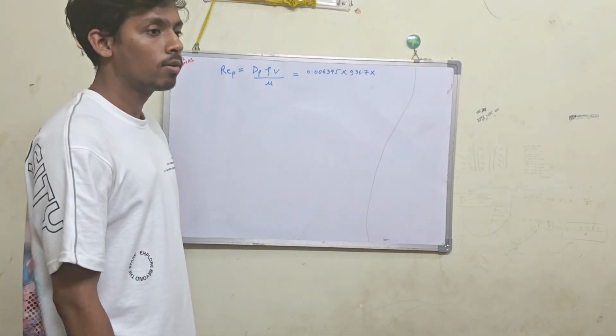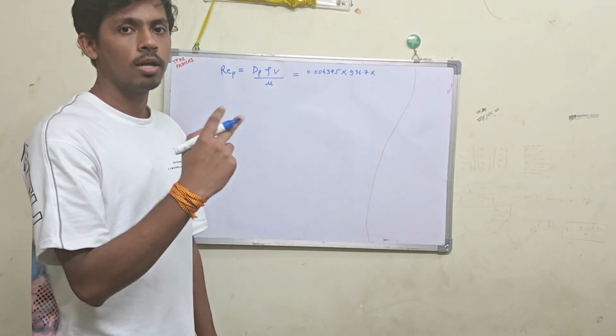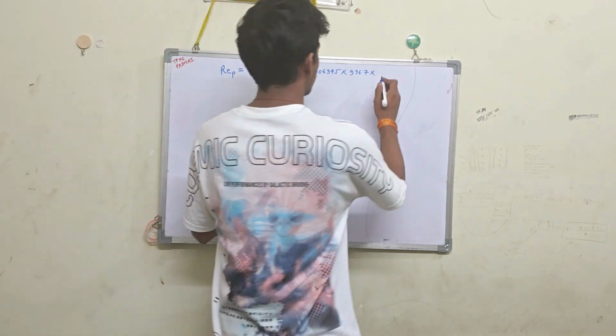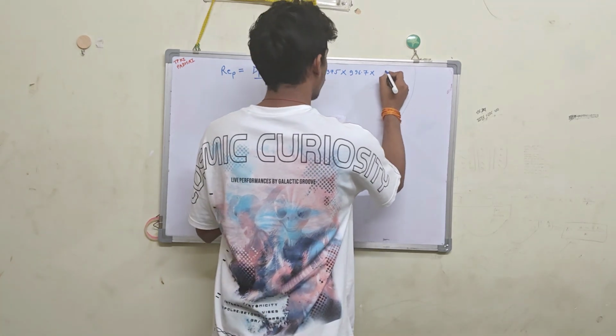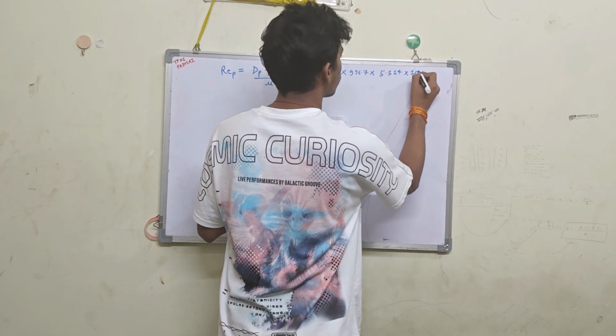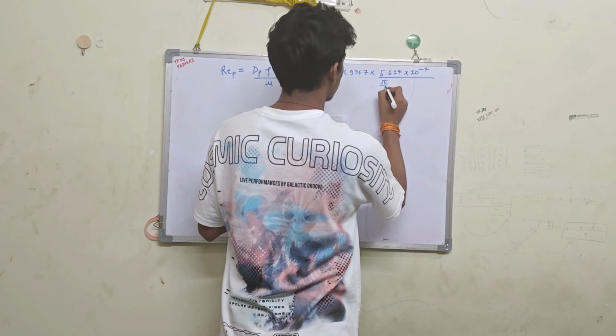Instead, the volumetric flow rate is given. So we can divide the volumetric flow rate by the cross-sectional area of the packed bed, and then we will get the velocity of the water. The volumetric flow rate was given as 5.514 × 10^-7, divided by the cross-sectional area.